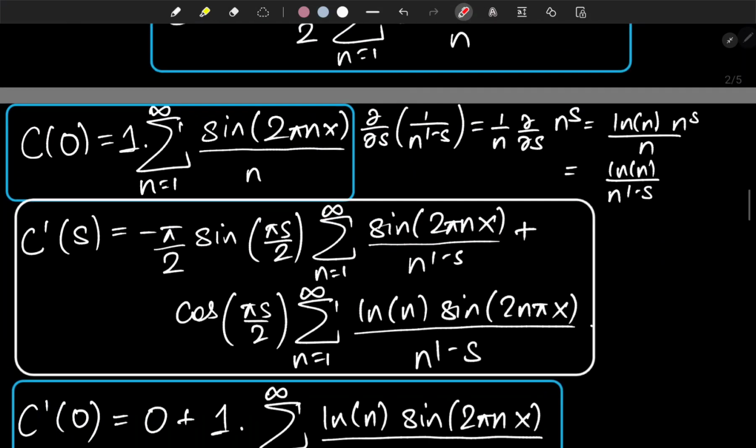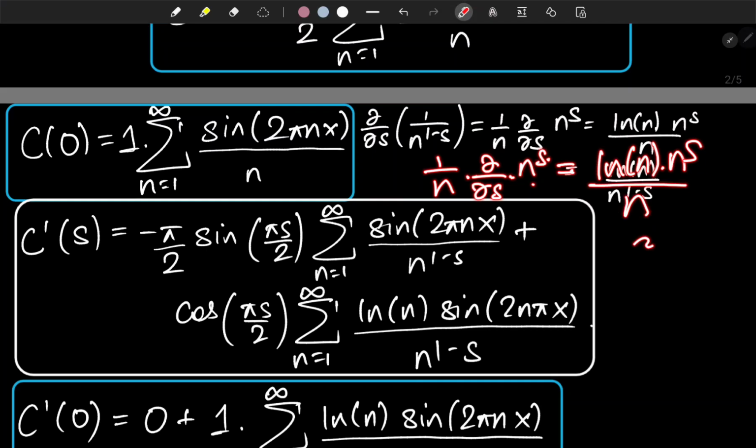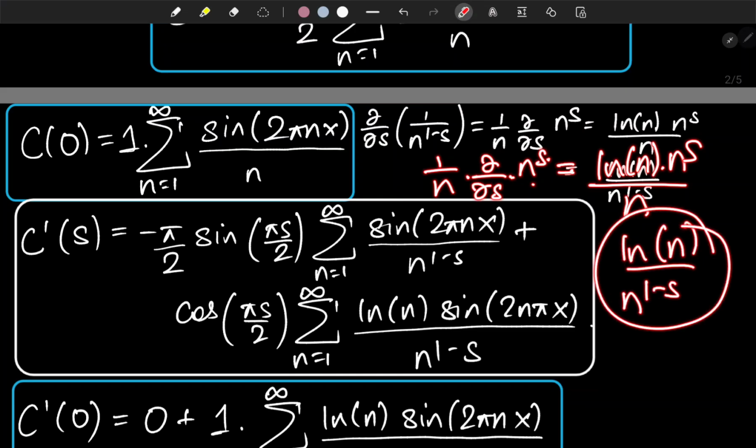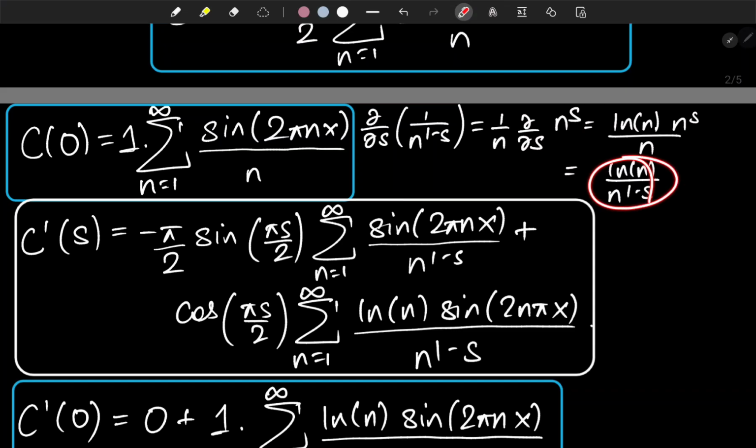We can write this as 1 over n times the partial derivative of n to the s, because 1 over n to the negative s is n to the s. The derivative with respect to s is natural logarithm of n times n to the s over n. So basically it's natural logarithm of n over n to the 1 minus s.